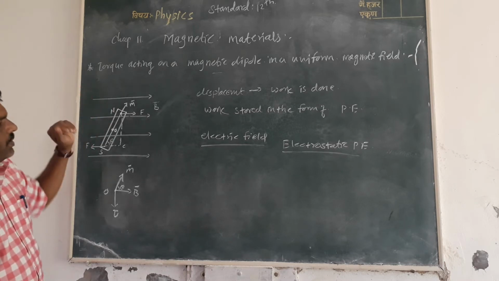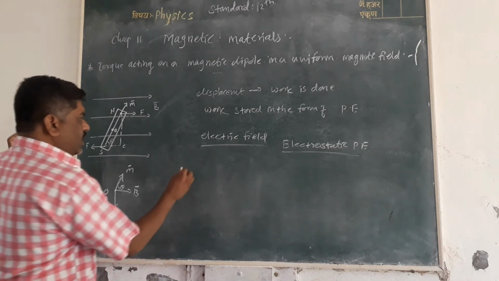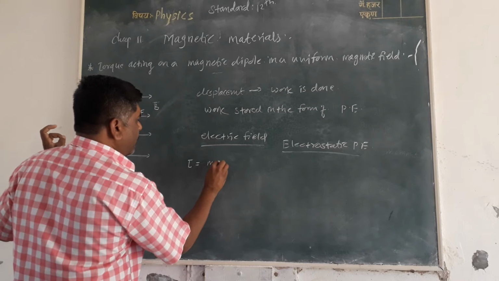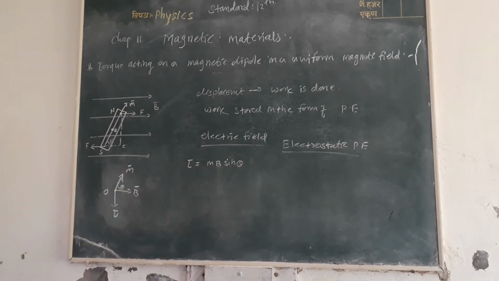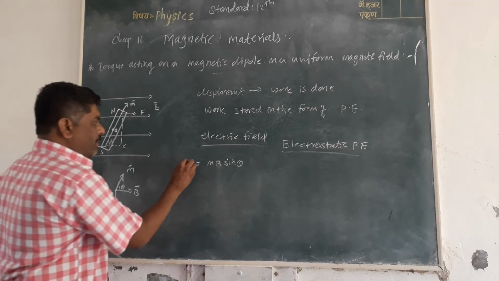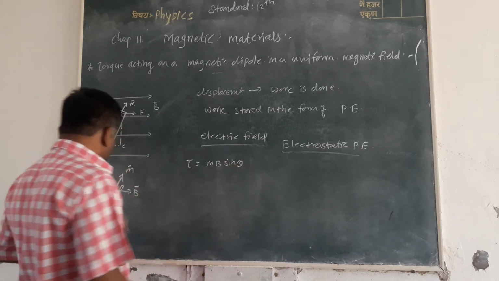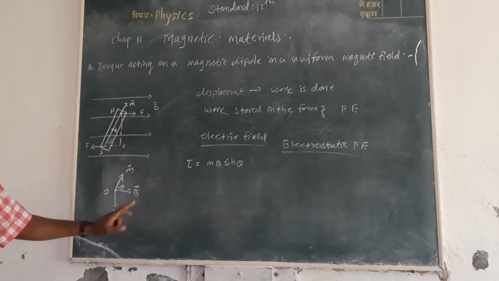Hence there is formation of torque, and this torque is equal to mB sin theta. In the previous chapter we discussed that topic. The torque tau is equal to mB sin theta, and this angle theta is in between M bar and B bar.